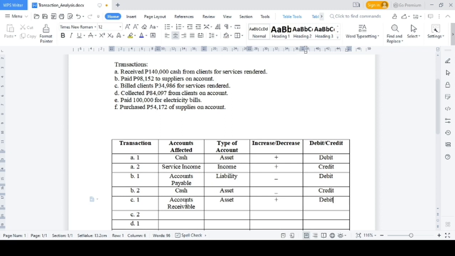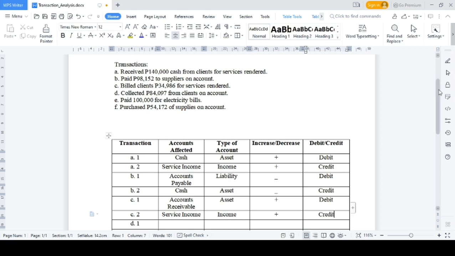So we will put debit. Then the second account affected is service income, which is an income account or equity. But for this video, we will choose to name it income. Increase, normal balance is credit.